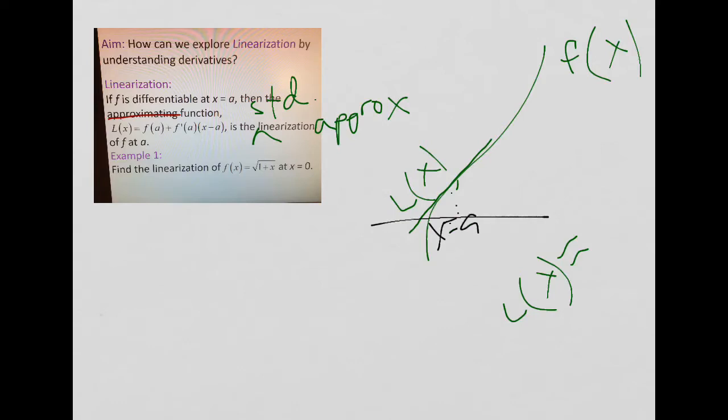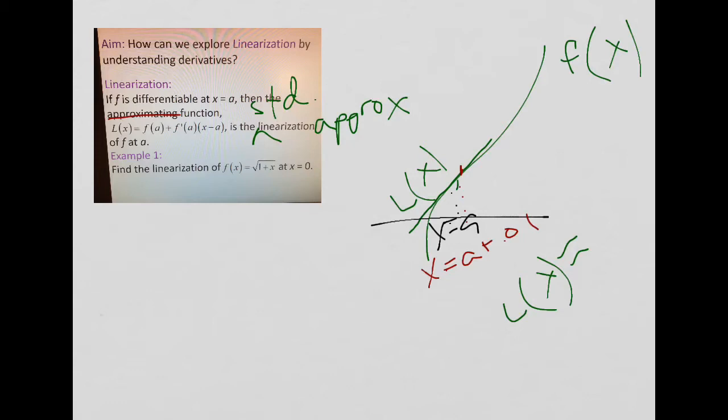But you may be asked about, let's say, a plus 0.1, or even smaller than that, 0.001. Whatever it is, this line is going to give an approximation to whatever f of a plus 0.01 is, all right?